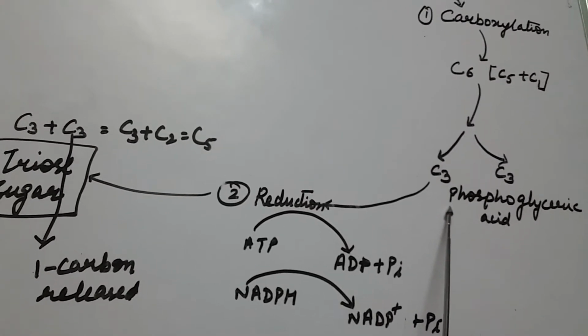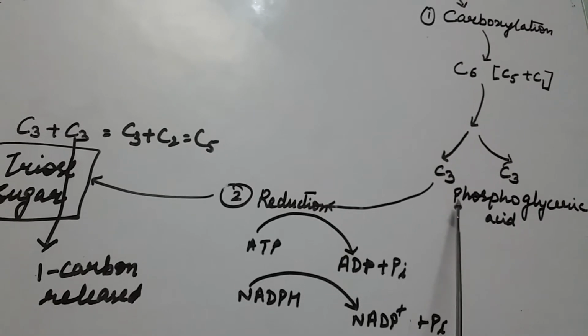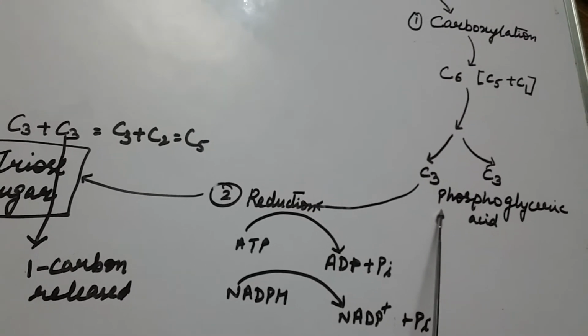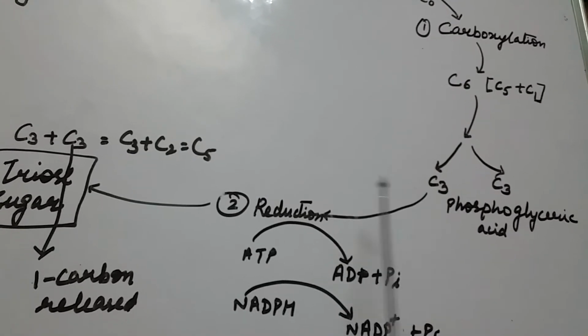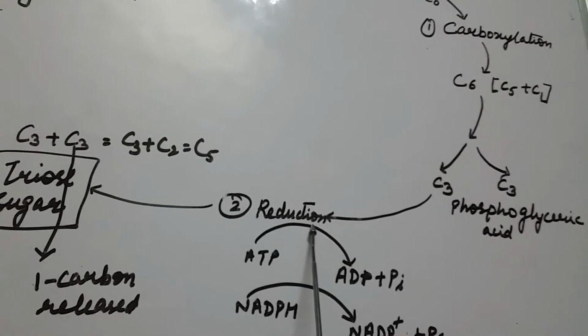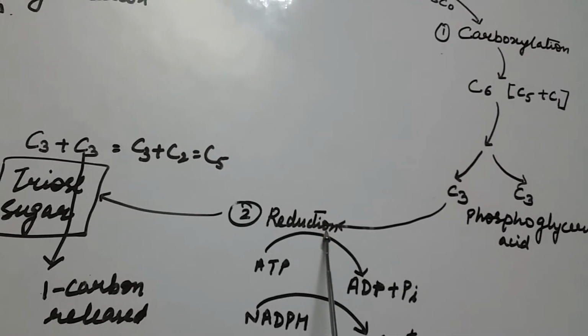After the formation of the C3 compound, the first stable compound of the Calvin cycle, the C3 compound then undergoes the reduction process.